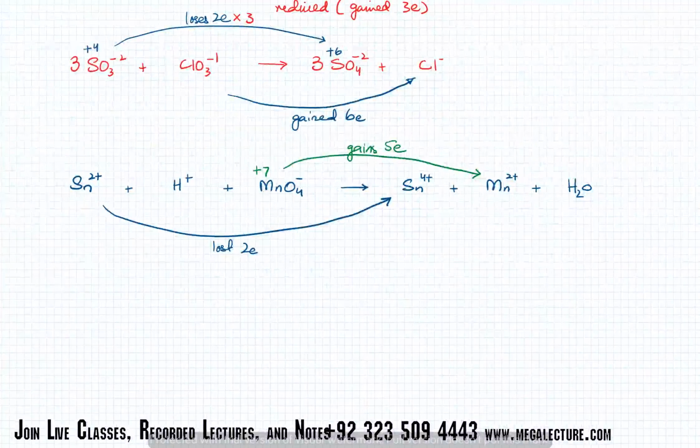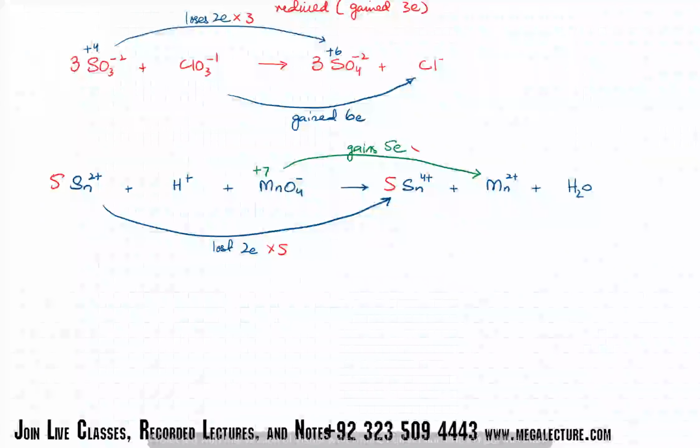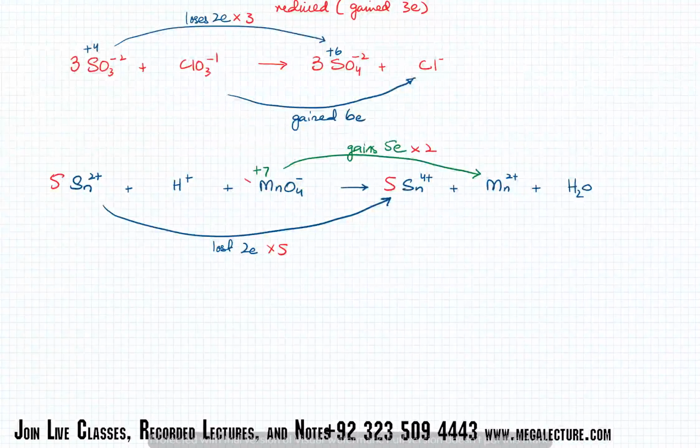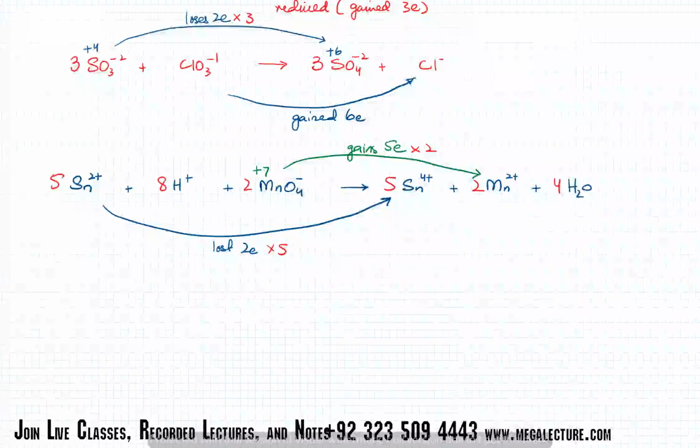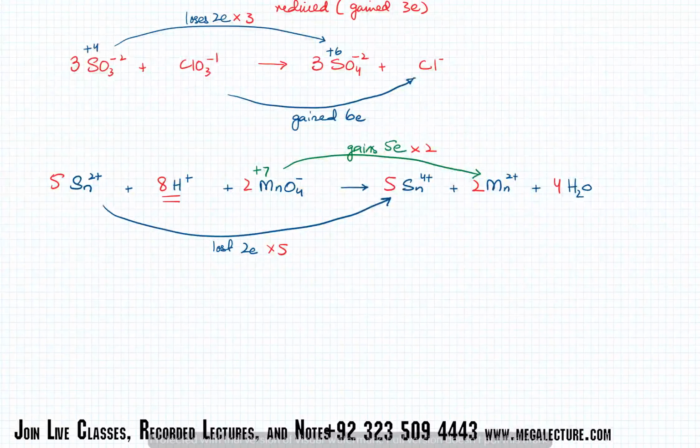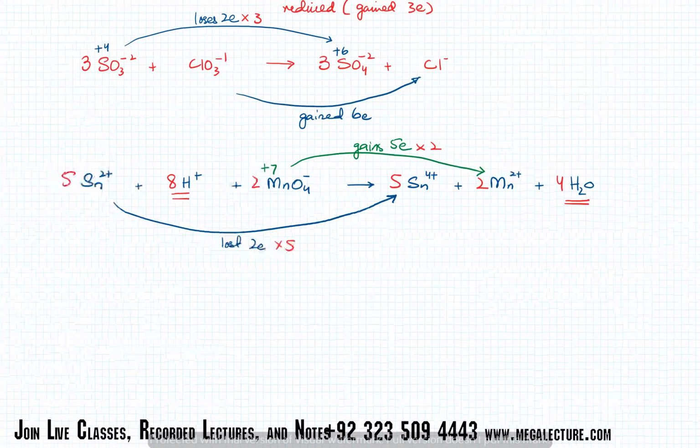So I need to multiply this by 5, and I need to multiply Mn by 2, so there's going to be 2 Mn's. And then I can balance the oxygens. There are 4 oxygens, there should be 4 H2Os, that's 8 hydrogens. The things that are not involved in the redox, I can balance them later on, okay? Clear?